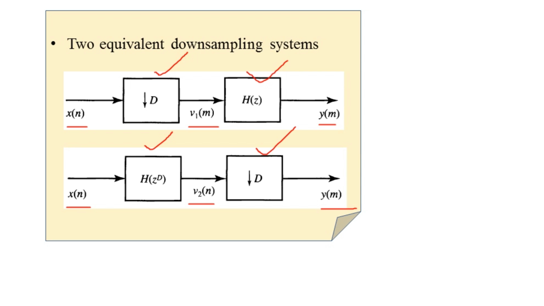So now the implementation of such a decimation system using the polyphase structure: the first implementation we have seen is before the use of the first noble identity, and then after the use of the first noble identity we shall see the comparison.